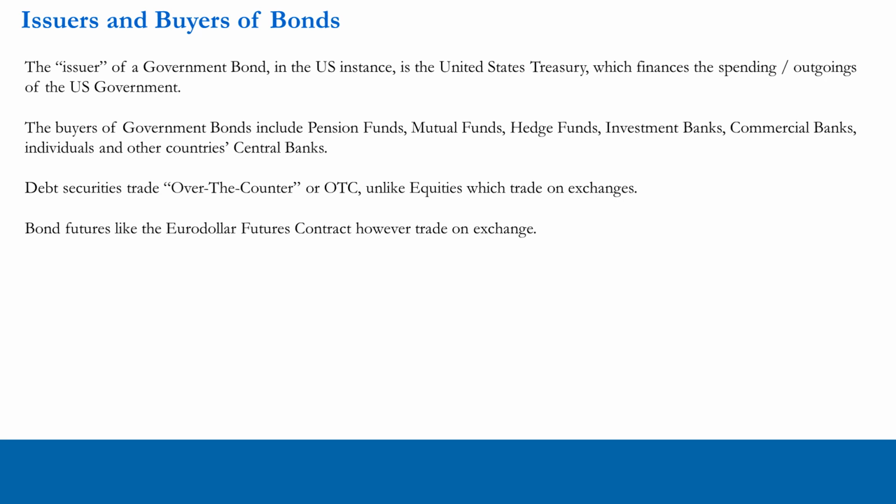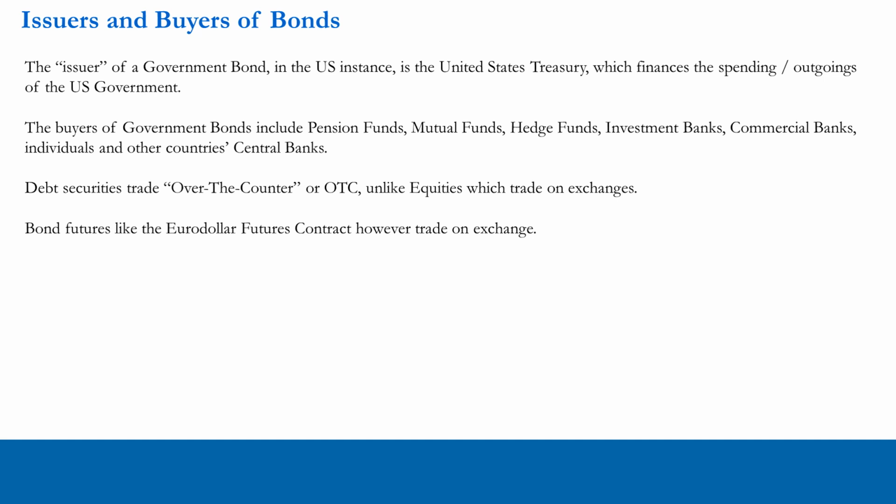And debt securities trade over the counter, or in short, OTC. They're not like equities, where stocks and stock instruments trade on exchange. Bond futures, like Eurodollars futures contracts, do, however, trade on exchange.